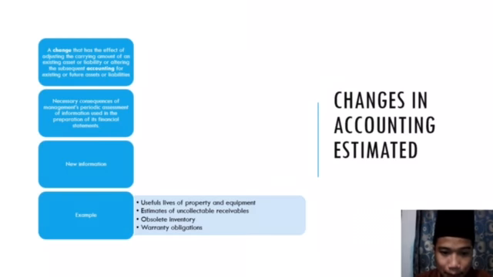Examples are the useful lives of property and equipment. The second example is estimates of uncollectible receivables. The third one is obsolete inventory, and the last one is warranty obligation.